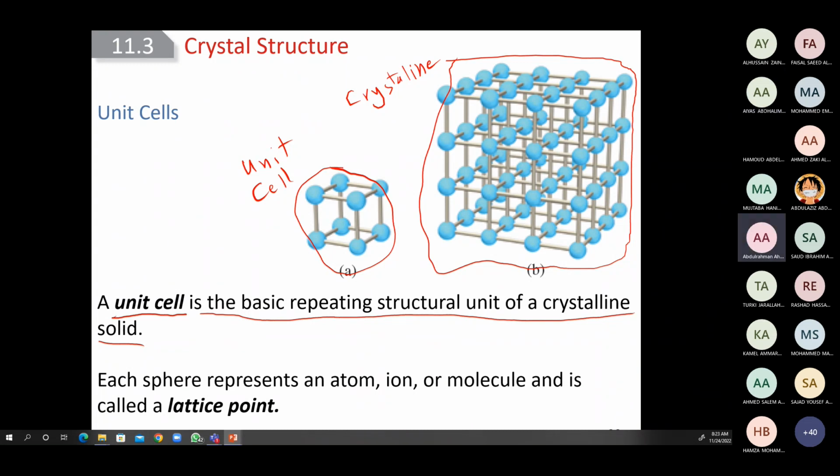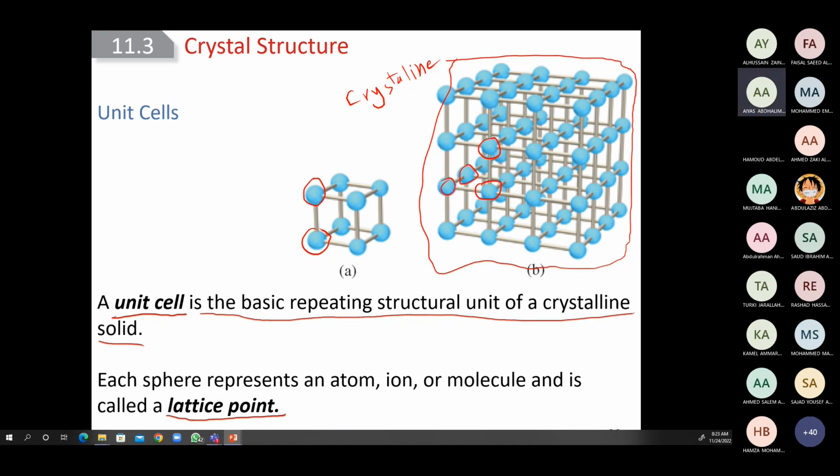Yes. Next, a very important word I want you to know: lattice point. What is the lattice point? Let me erase this. These are lattice points everywhere.